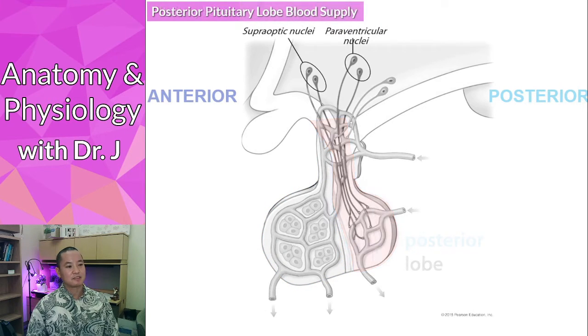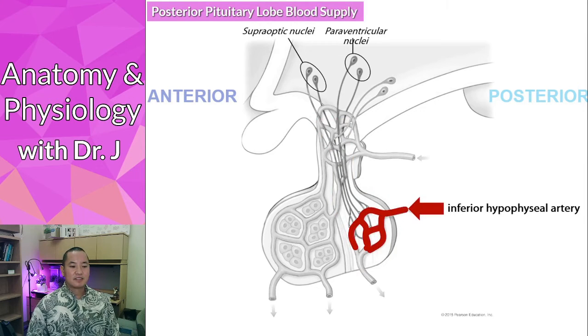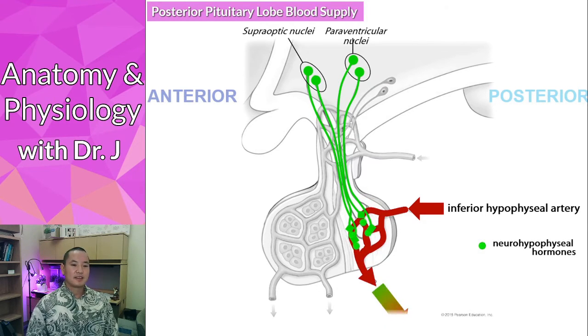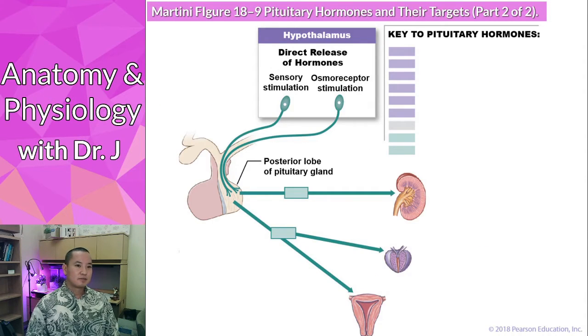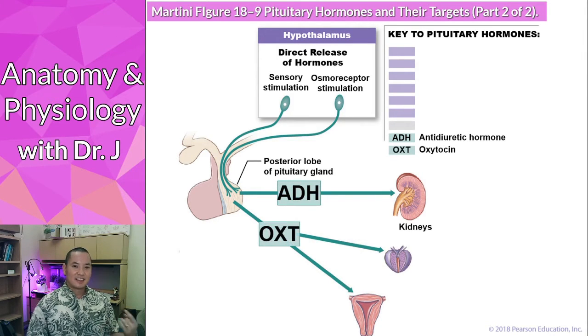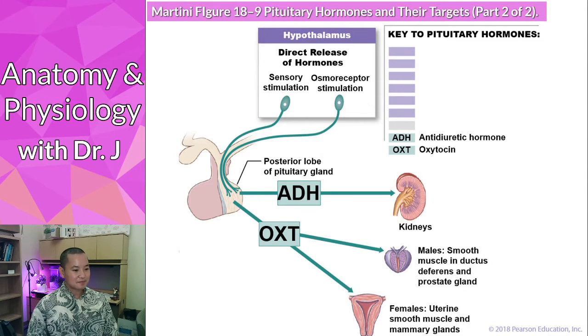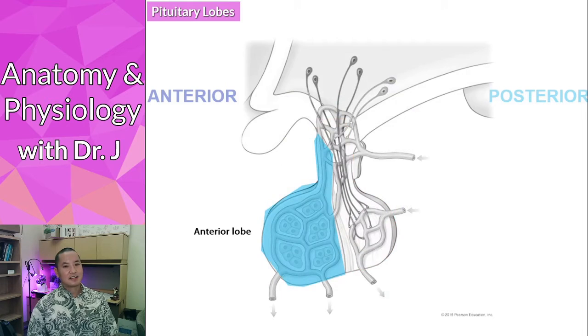Now the posterior lobe, remember that you have this blood supply to the pituitary gland, and in the posterior lobe you have neurons that secrete hormones directly into the bloodstream, and these hormones are carried to the rest of the body. The two posterior pituitary hormones we covered are ADH and oxytocin. If you don't know what those are, go back to my previous lectures. They're on YouTube.